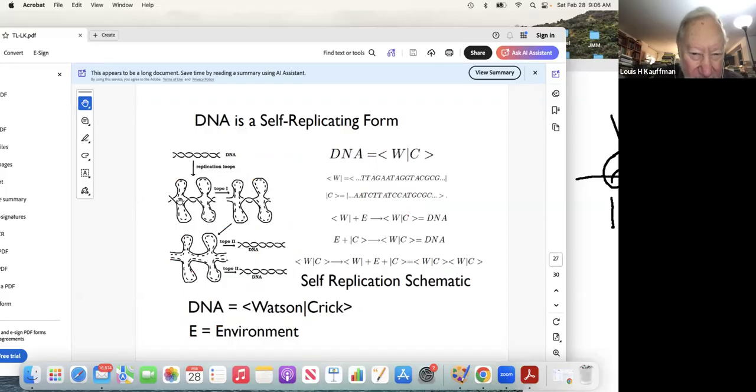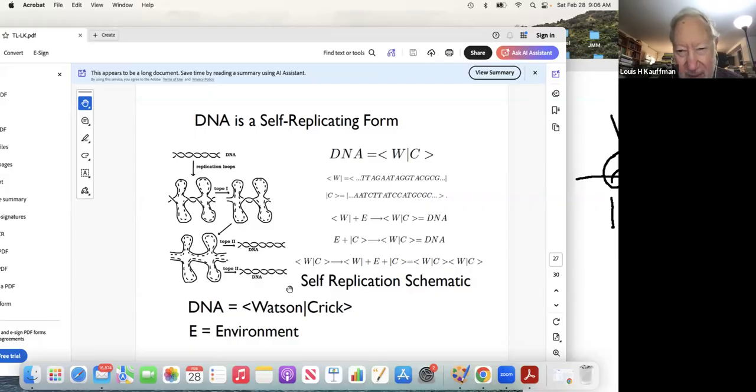The enzymes pull it apart, and then in the environment, deposits of molecules connected to one strand produce the double strand up here on this one, and the double strand on this one. Of course, they're interwound with one another, and there are topological problems about getting them apart, and so on.